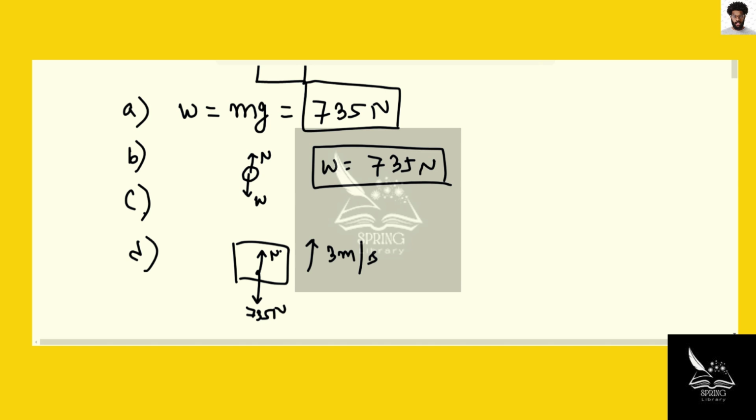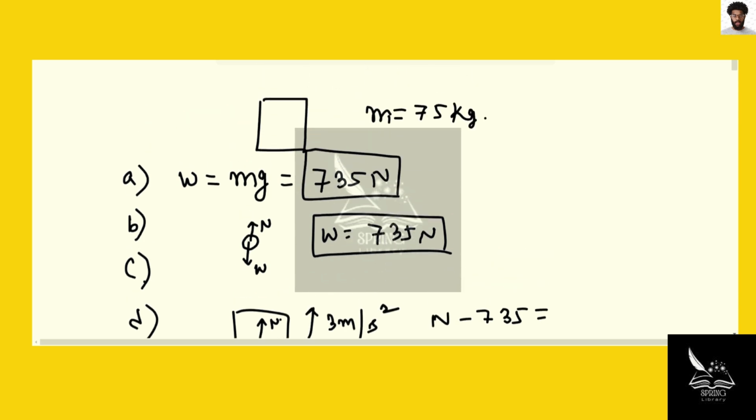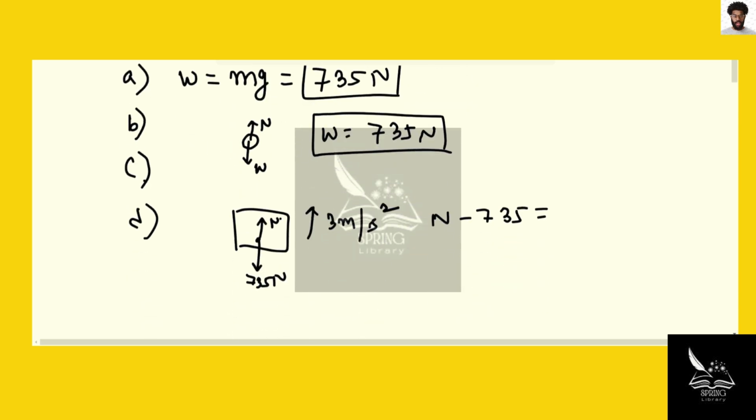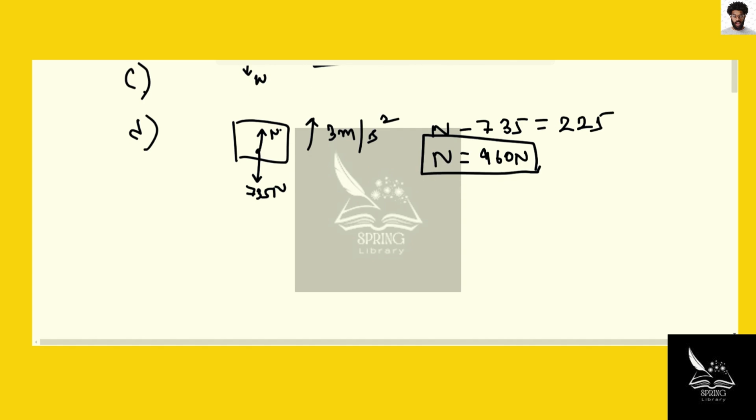If we apply Newton's second law here, the net force N minus 735 will be mass times acceleration, which is 75 times 3. When we multiply 75 with 3, we get 225. So the normal force applied on the person will be 960 newtons, and that's the weight read by the weighing scale kept in the elevator.